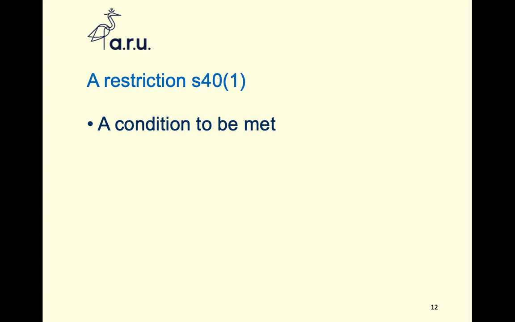It's usually some form of condition that the owner has to meet in order to pass the land on to another. So on subsequent disposition, on passing it subsequently at a future date, passing it on to somebody else, there will need to be some condition met.